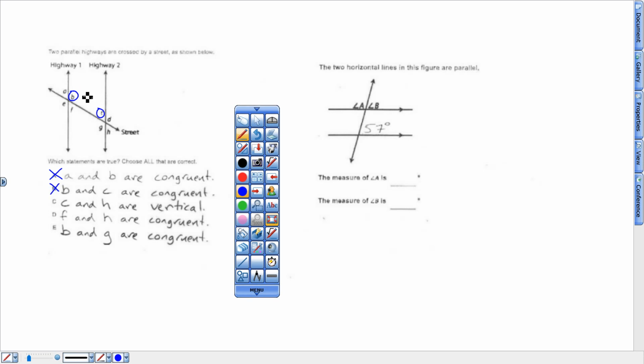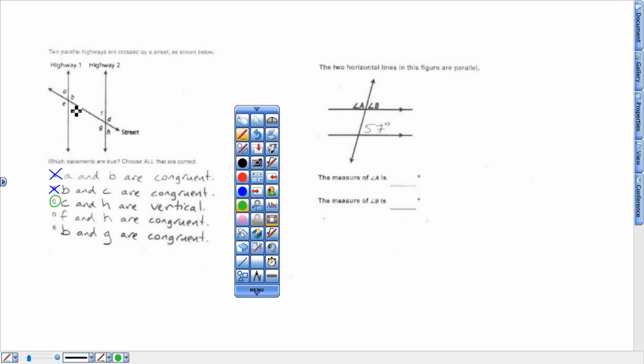Those add up to 180, however, those inside angles, but not equal. All right, next. Let's cross that out. All right, next one says C and H are vertical. Yep, straight across. F and H are congruent. So let's circle that one.